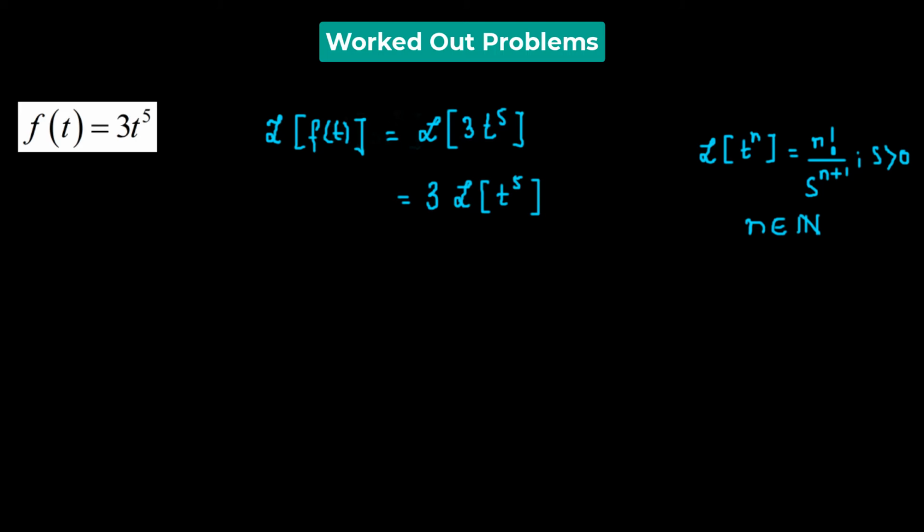So clearly the exponent of t, which is 5, is a natural number, so we're going to use this particular formula. Then that gives us 3 times n factorial, which is 5, so we'll have 5 factorial over s raised to the power of 5 plus 1.